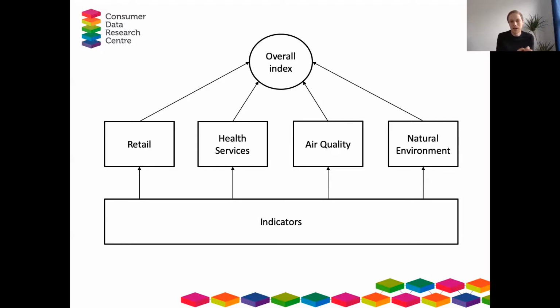Then we take an average value, which we call our retail average domain score. We do that for each of the 4 domains, and then we aggregate them up. We standardize them and take an average score, which becomes our overall index, which we call the AHAH index. That's how we get from producing these diverse indicators towards an overall measure of what the environment is like across these 4 concepts.